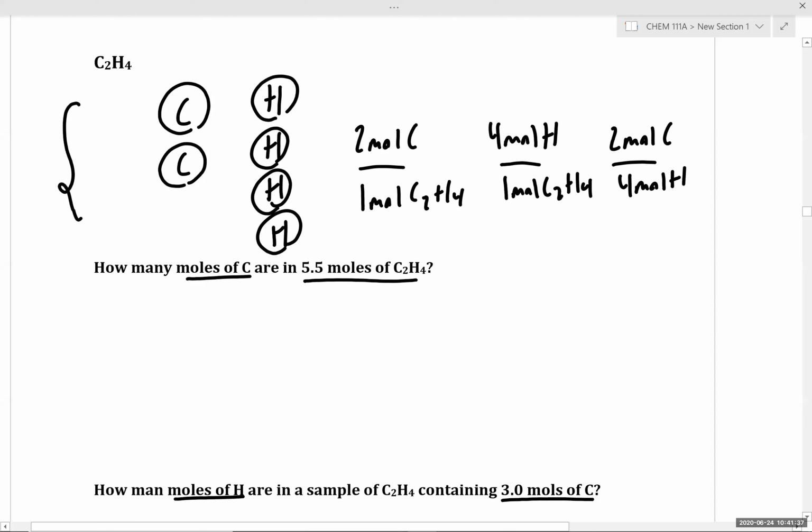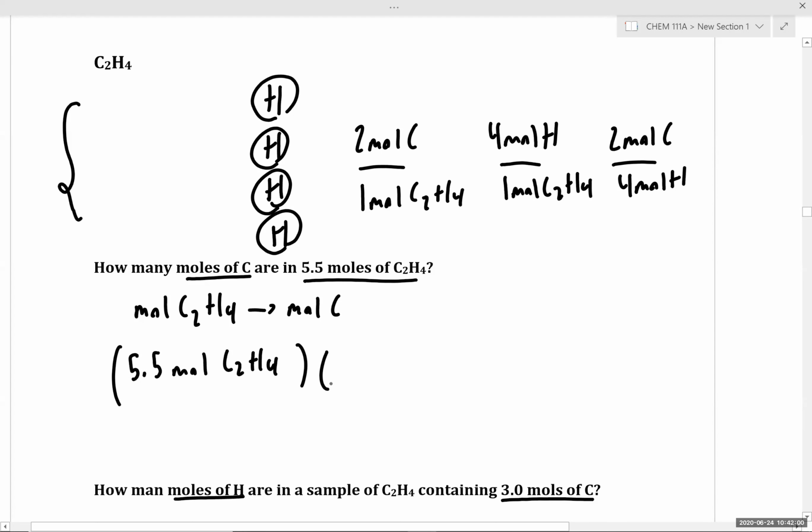Okay, so in the first question we're prompted, how many moles of carbon are in 5.5 moles of C2H4? So we're going from moles of C2H4 to moles of carbon. Wonderful. So we have 5.5 moles of C2H4.